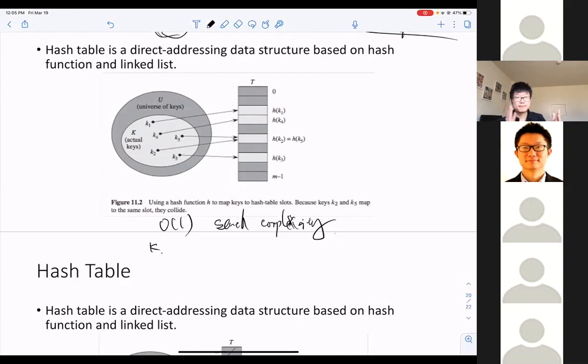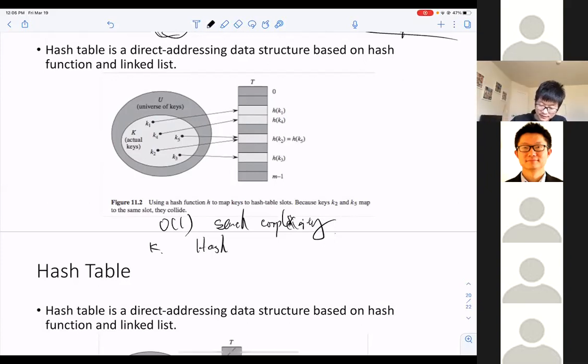But if I tell you I want to find Kevin, and you can tell me immediately which building and which room Kevin is located in, then I'm going to be able to find that person in constant time, no matter how many students are on campus. Correct? Okay. So the way for us to find the index is based on hash.